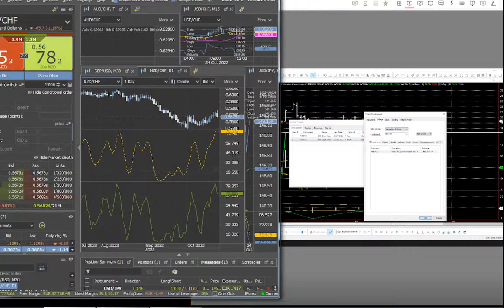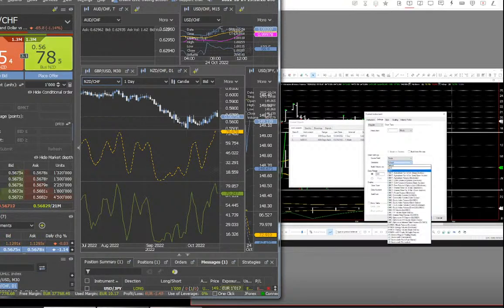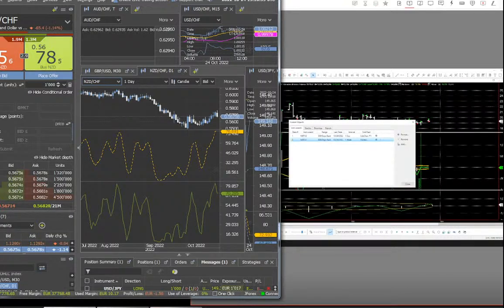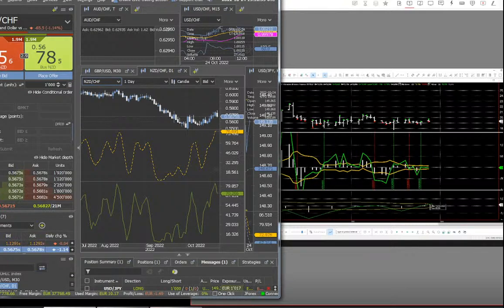Settings. There we go. Now this will have it updated. So, Bitcoin closed in the weekly buy last week. Okay, right there. Let's put that in there.